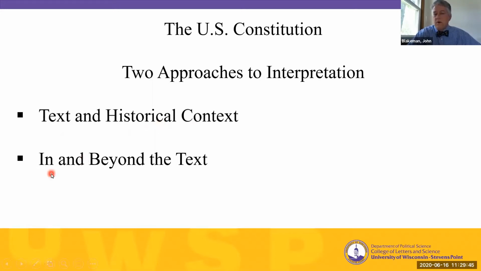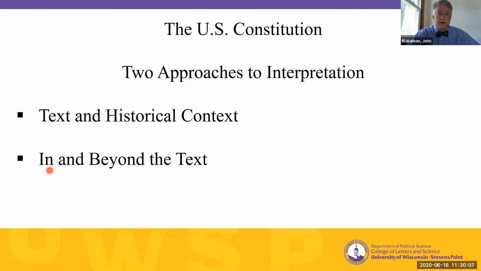Another approach is what we call in and beyond the text. This focuses on the idea that the U.S. Constitution is a living document, and it is interpreted by judges in their own specific political, social, and economic era. We'll look at both of those.